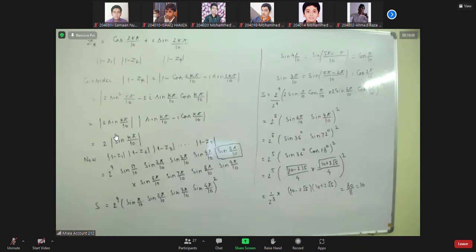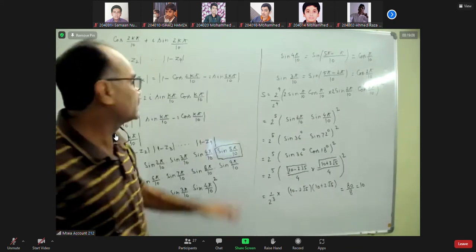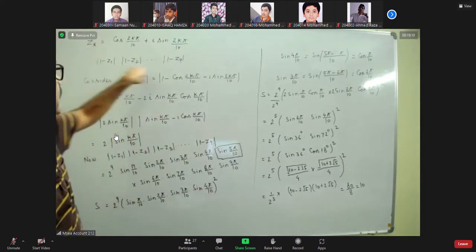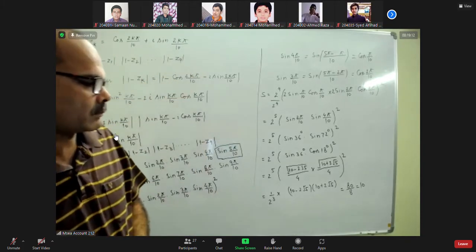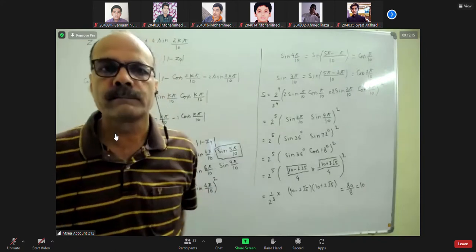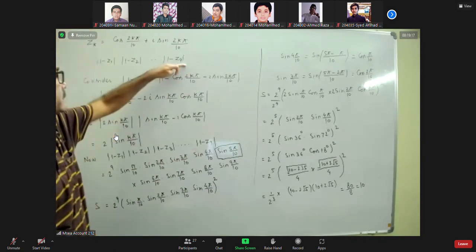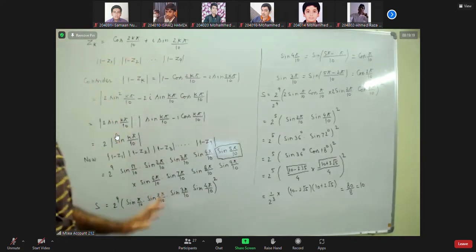Correct. They have given this quantity divided by 10. The answer is 10, correct. Yes, sir. Basically, in the question, they have given this by 10 is how much? The answer given is 1.